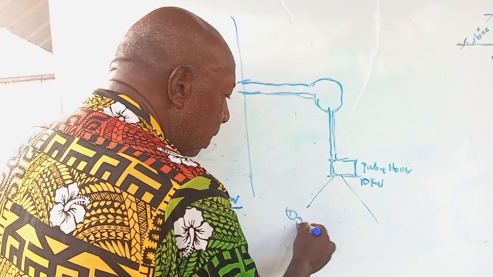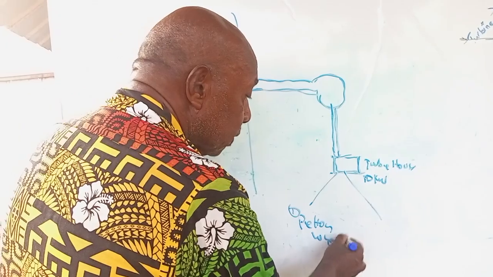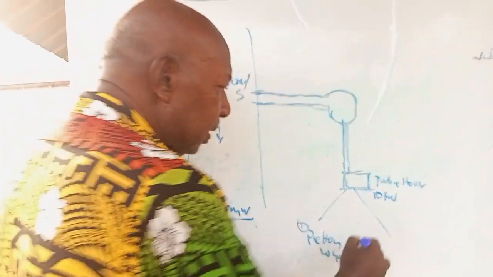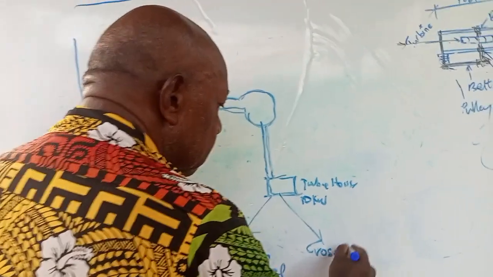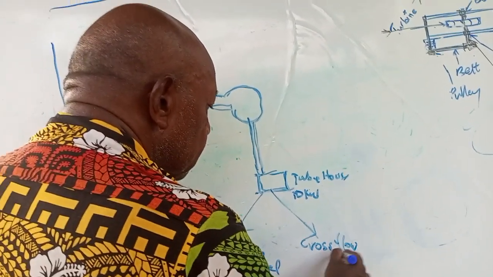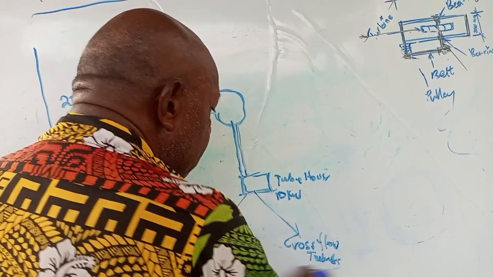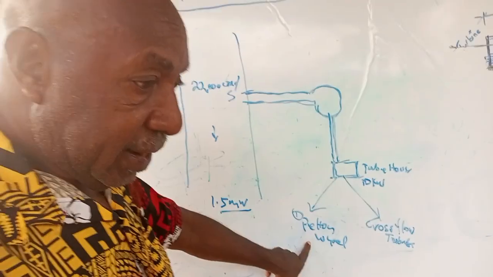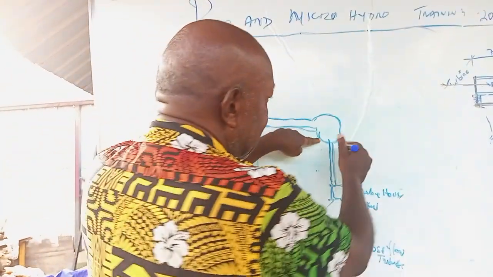And Pelton wheel, where me interested in Pelton wheel, blow all man of place of power in it. Now cross flow turbine. You can go read him. Cross flow turbine. This one is Pelton wheel, and blow high head. This is head.